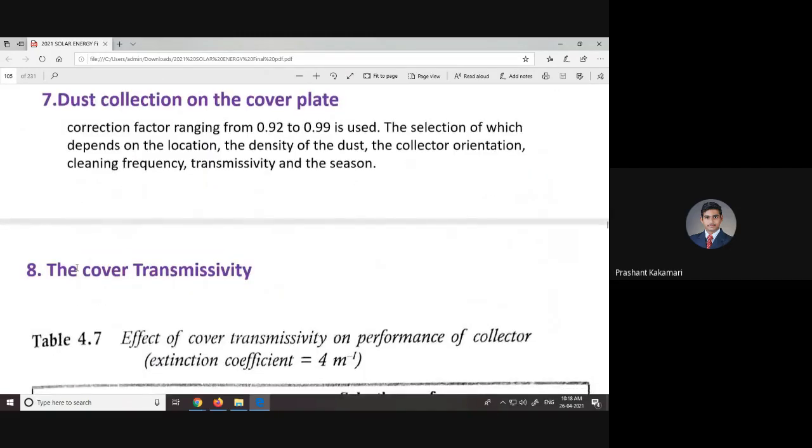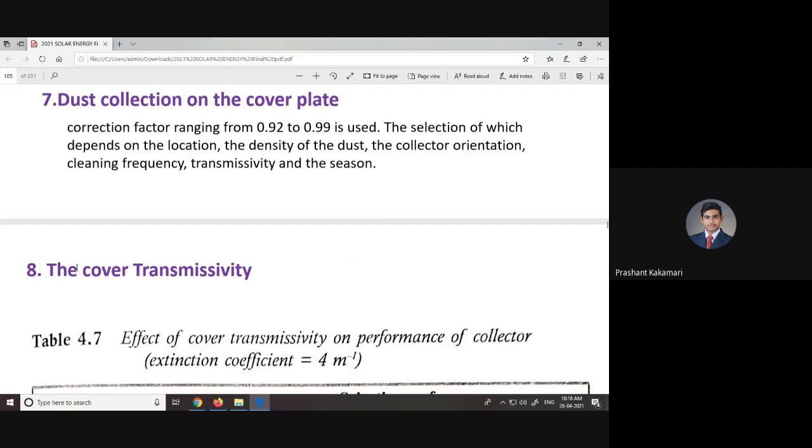Now for dust collection, we don't have any control. Control we can do by keeping the flat plate collector at the top of the building, though some dust collection will still be possible there, or by keeping it in very low dust areas.